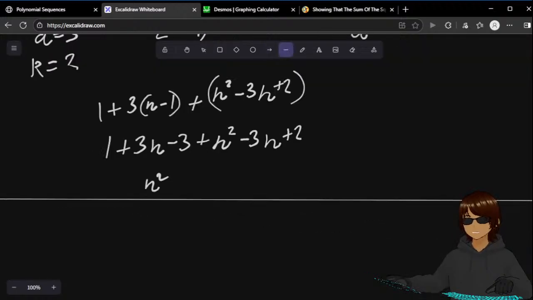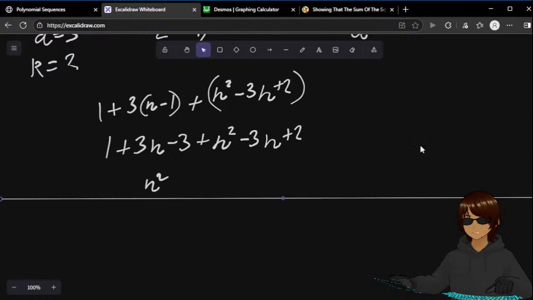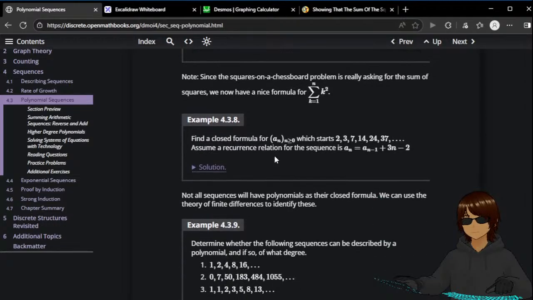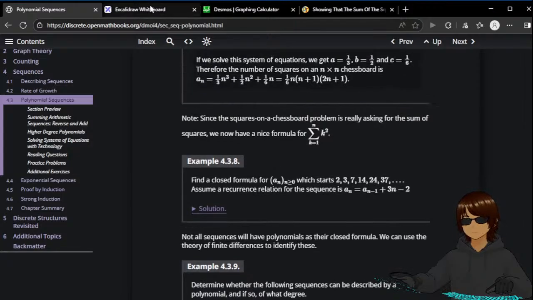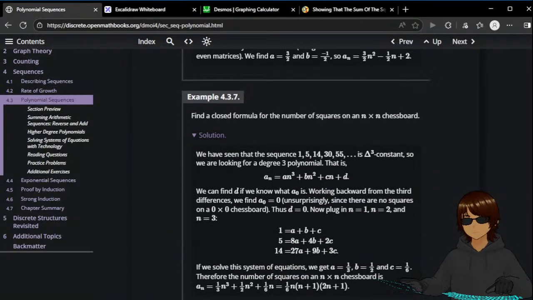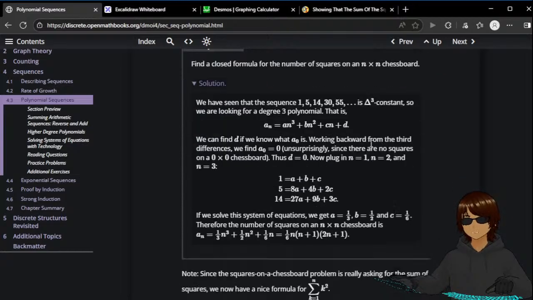What if it stops being cubic at a certain point? This over here would be the proof. This here is the proof that the sum of the squares is this formula. But over here, we're just assuming that it stays cubic, right? Like it stays delta 3 constant.